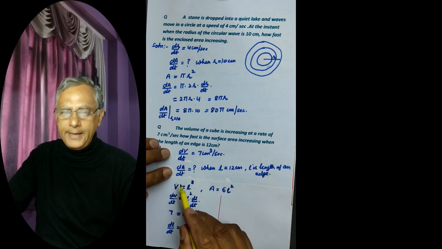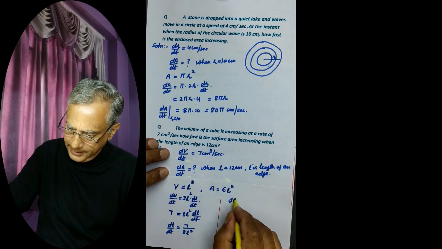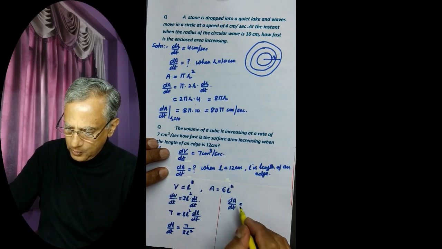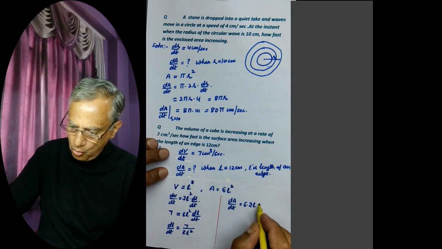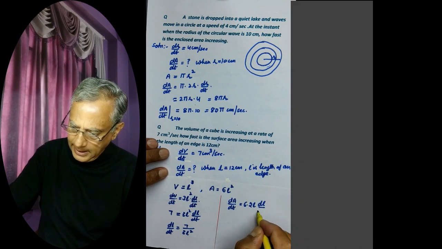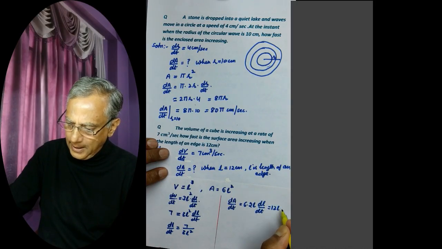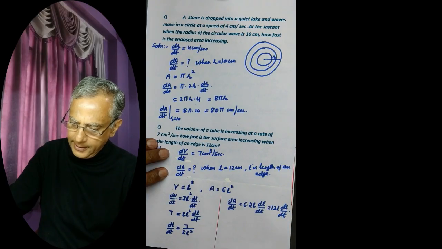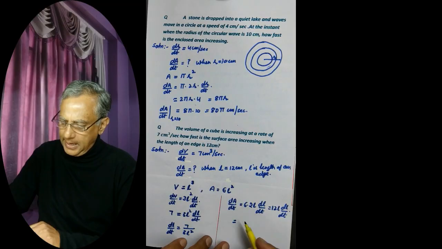And we have to find dA by dt. Therefore dA by dt is equal to 6 into 2L dL by dt, that is 12L dL by dt. And dL by dt is 7 by 3L square.